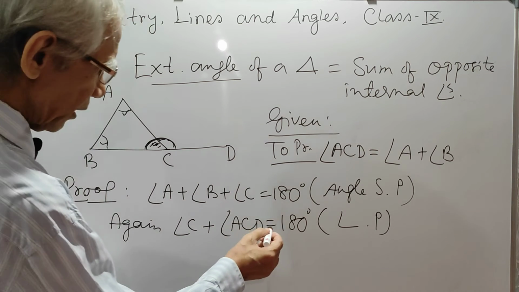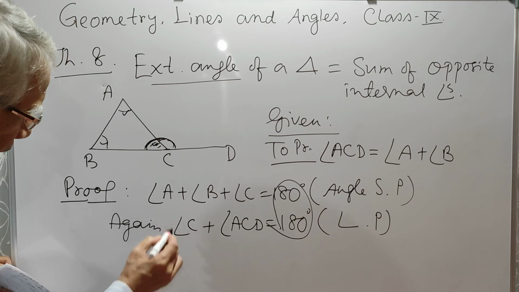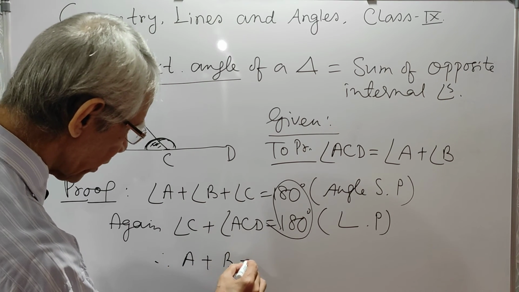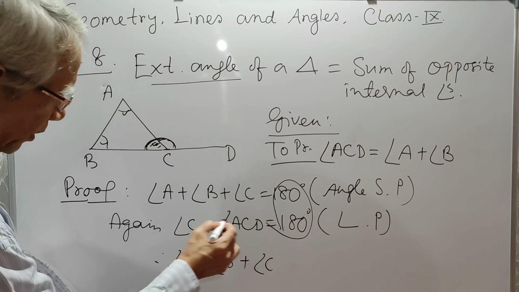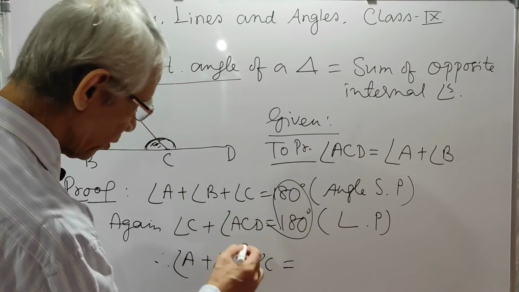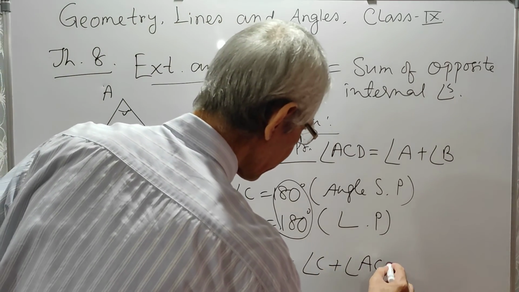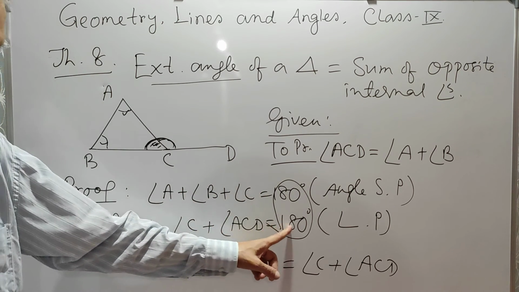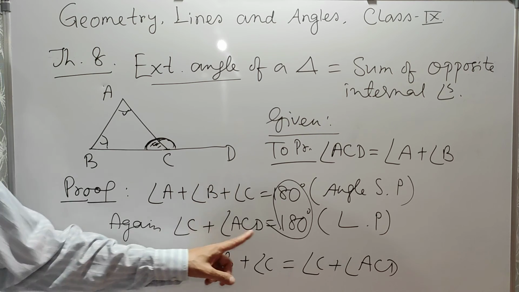Now you see 180 degrees is the same, therefore this must be equal to this. Therefore A plus B plus C must be equal to angle C plus angle ACD. Because this is equal to 180, this is equal to 180, obviously A plus B plus C equals C plus ACD.